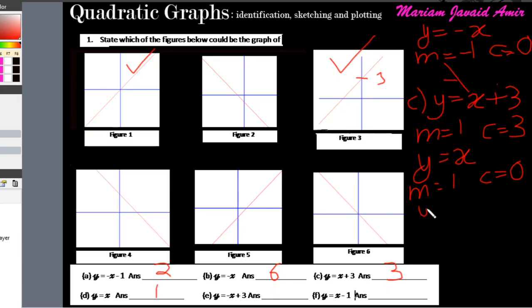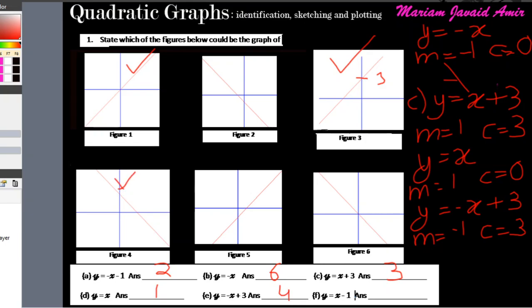Then we have y = -x + 3. So it should be a falling line since the slope is negative 1 and the y-intercept is 3. So a falling line that touches the y-axis at +3. So it will be figure 4. Yes, this one.